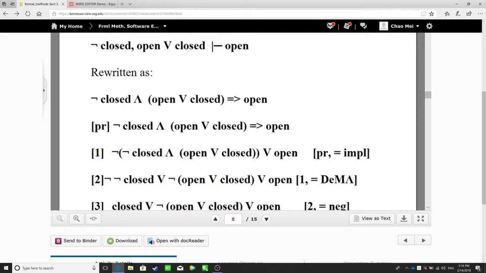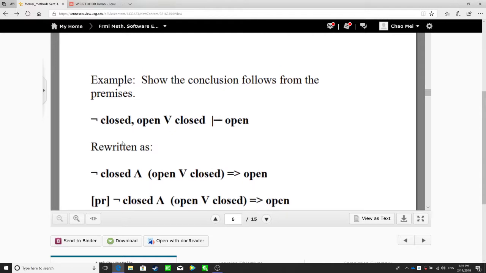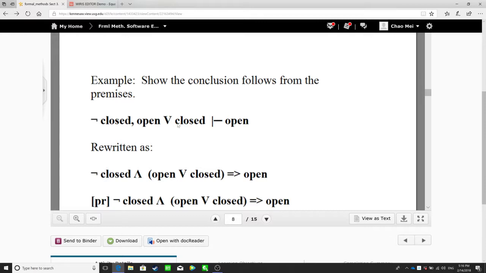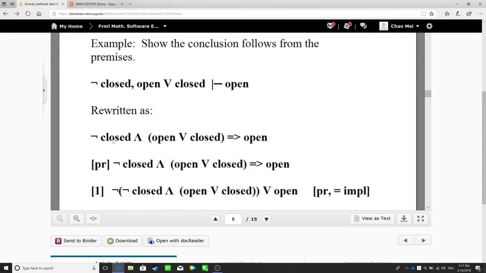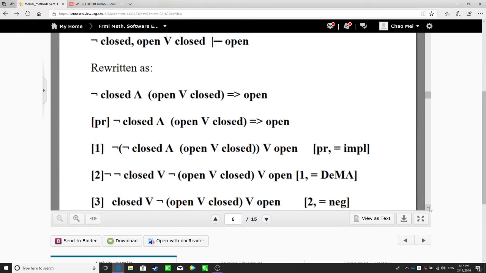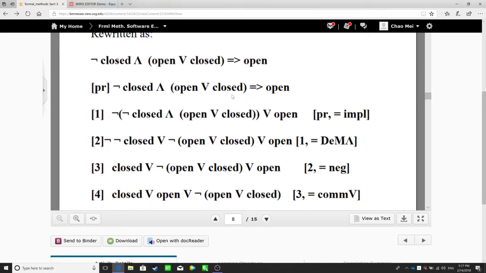Alright, so we're rewriting it. We rewrite it as this, and as I said, we replace this comma with conjunction and this mark with implication. This is the expression here, and this is the premises.